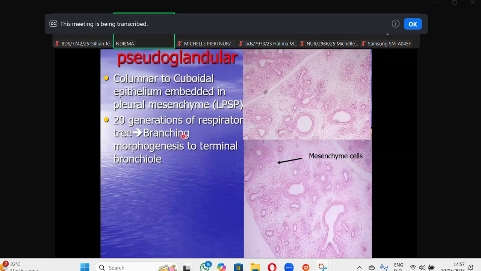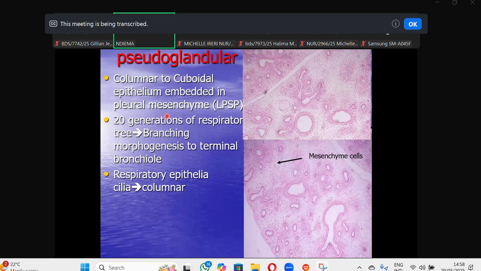So we have dichotomous divisions up to 20 generations, and at each branching, we have formation of a blood vessel that supplies that branch and a blood vessel that drains that branch. That's why we form the bronchopulmonary tree, and the blood vessels mimic it.